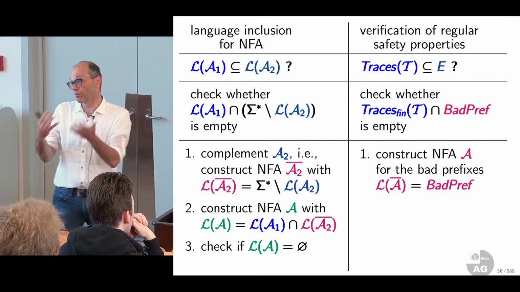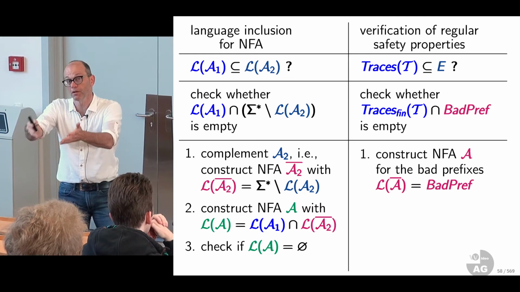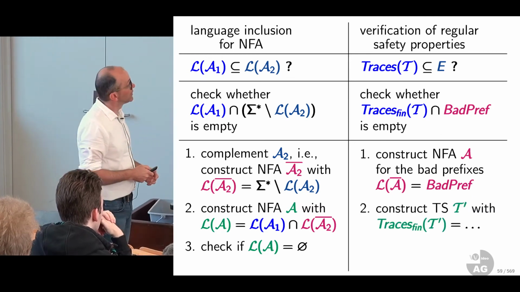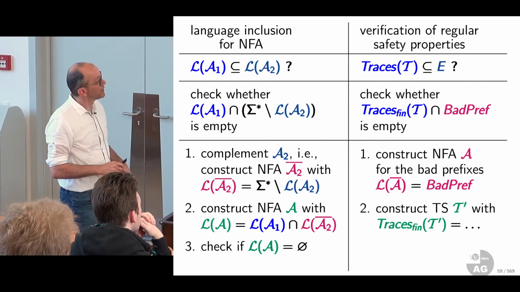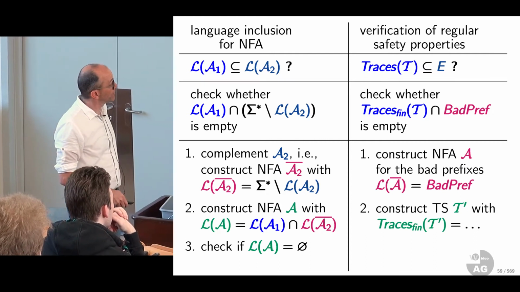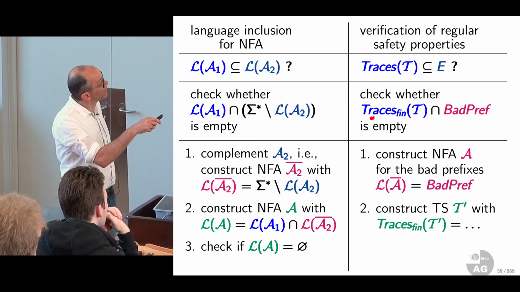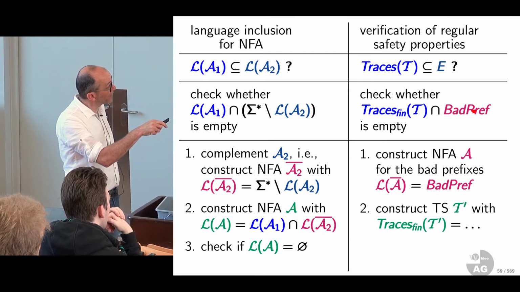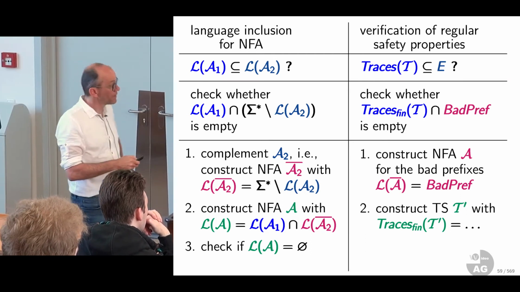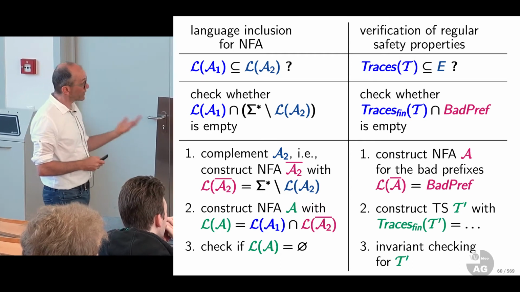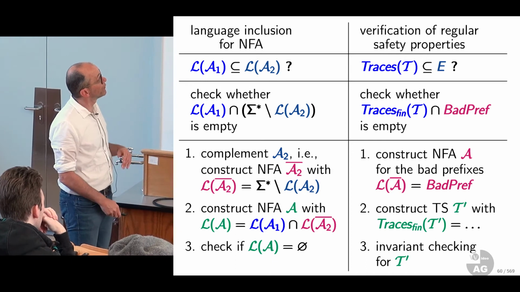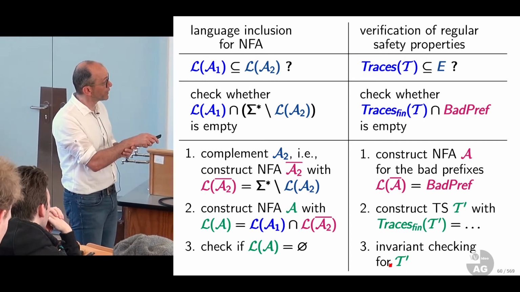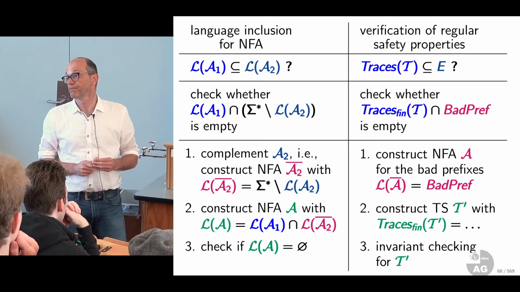Because the automaton accepts everything which does not belong to the property. Then we're going to construct a transition system similar to the automaton, such that this transition system is going to accept basically the intersection of the finite traces of T and the bad prefixes. And then I'm going to show you that rather than checking whether the language is empty, we can reduce checking whether a regular safety property holds to checking an invariant on the new transition system.